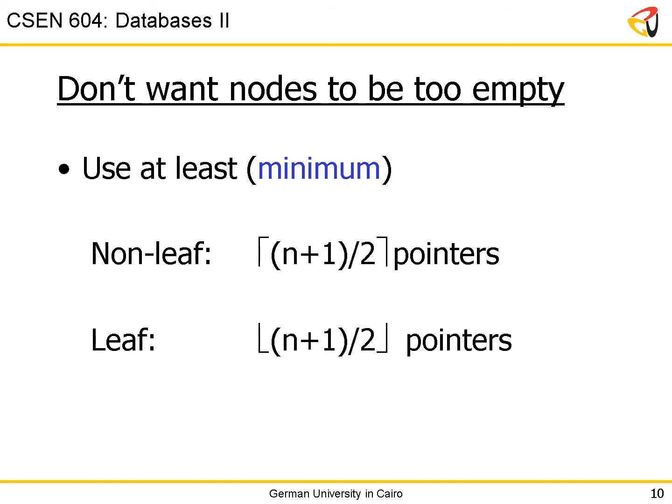So to avoid this kind of behavior, which is filling one side and keeping the other side empty to get skewness, we will set a minimum on what a node can have. And consequently, we cannot go below that minimum.